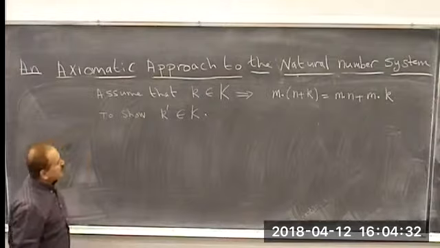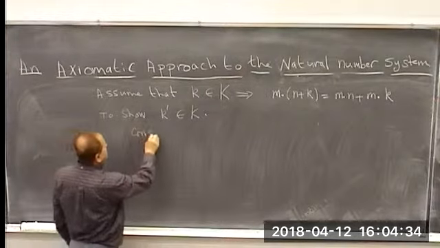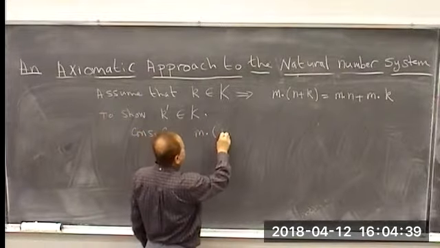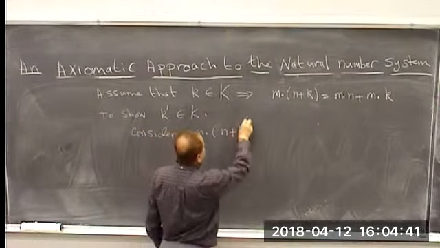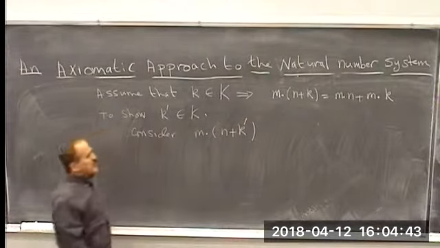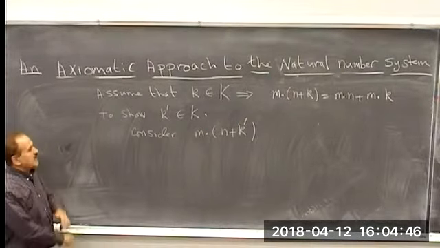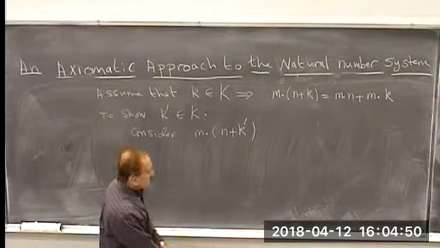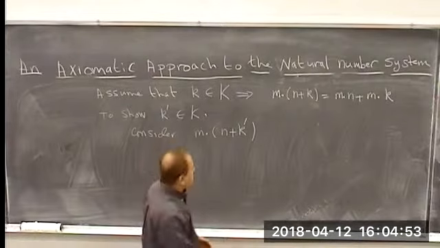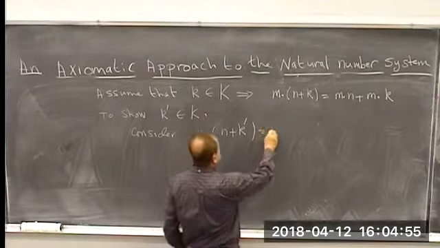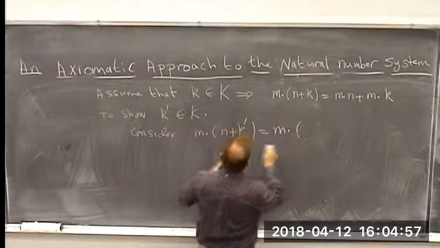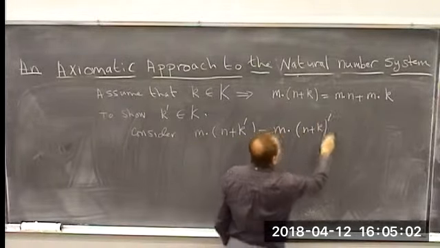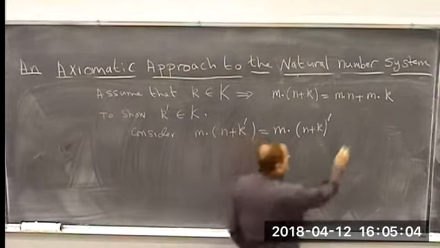To do this, we're going to consider again m times n plus k prime. Can I distribute the m with the k prime? Again, by definition of addition, we could write this as m times n plus k successor. Definition of addition.